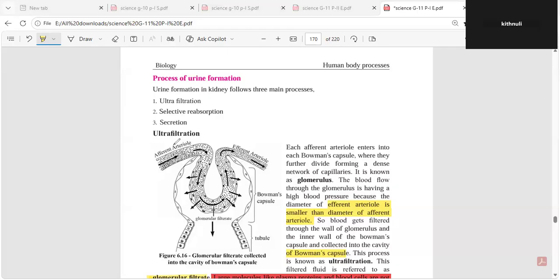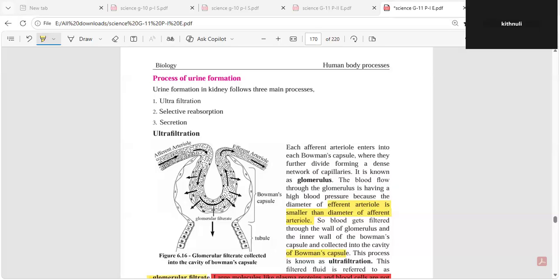That means this afferent arteriole is dividing into a network, a bed of capillaries, in the Bowman's capsule. Then those capillaries will collect again to form this efferent arteriole.